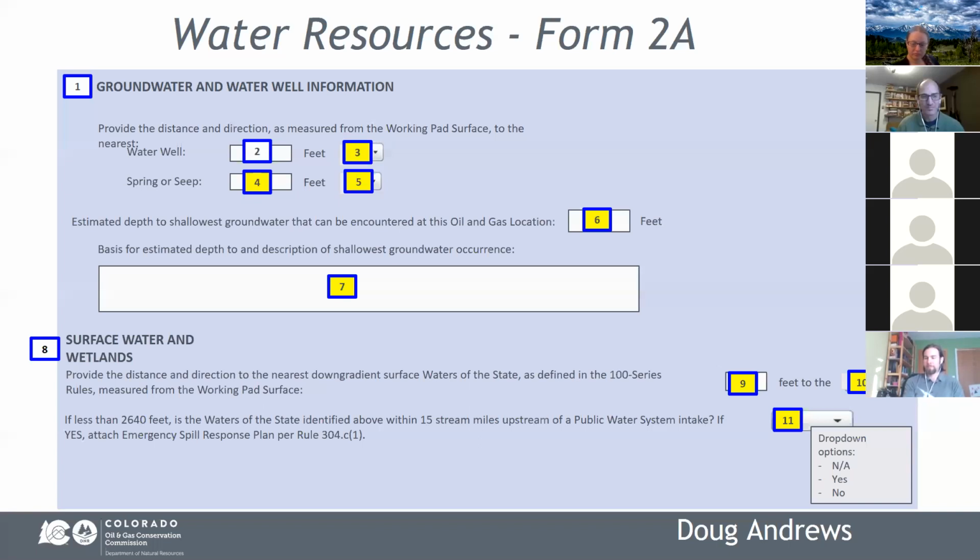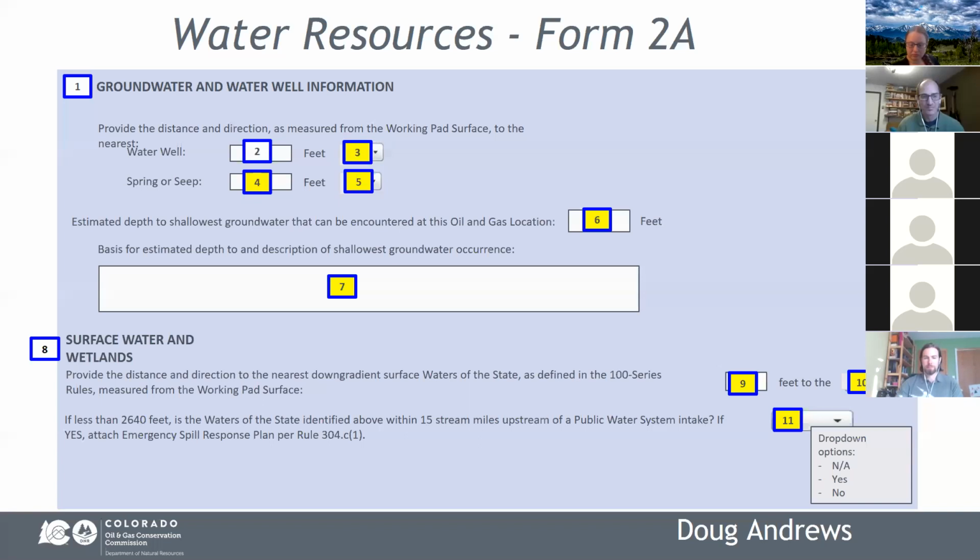This is also where, if you have a water well that you're using to estimate the depth of groundwater and it's at a significantly different elevation from your pad, say your pad is being proposed up on a bluff and the nearest water well that you're using to determine your groundwater depth is down close to a drainage, and there's a good 50 feet difference in elevation. Well, of course, the groundwater is going to be encountered in that well that's drilled down in that low drainage sooner than if a water well was drilled up on top of the bluff.